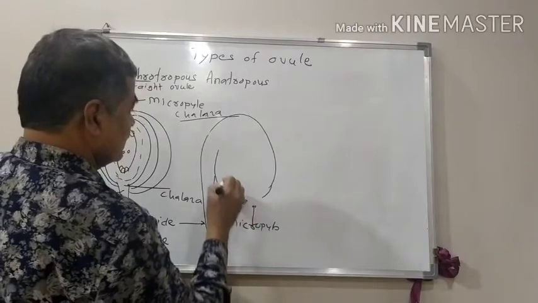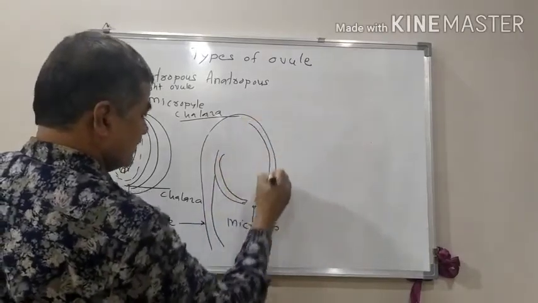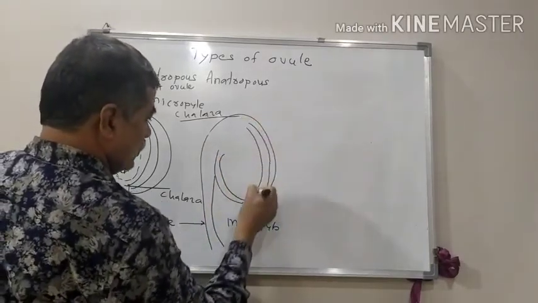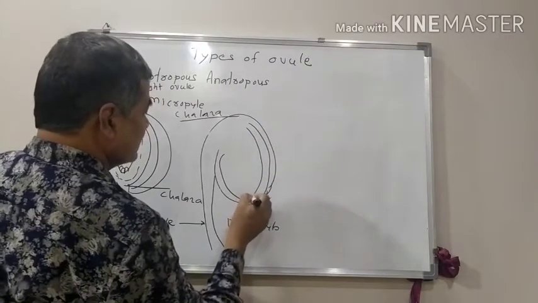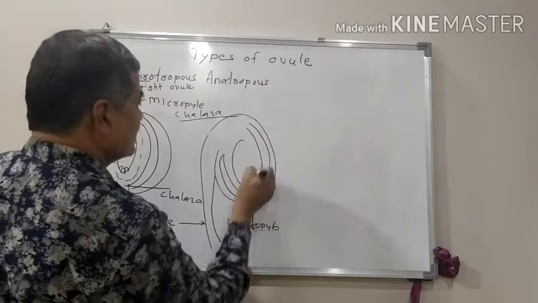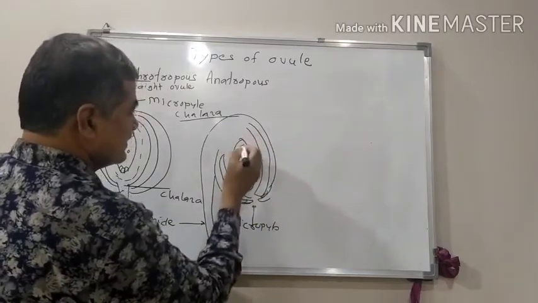From this chalaza, two integuments arise, and centrally the embryo sac is present.